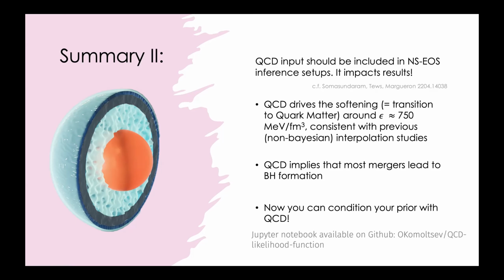Now you can condition your prior with QCD, because Oleg has made this nice Jupyter notebook publicly available on GitHub, where one can use the QCD likelihood function with ease. Okay, so that's it. Thank you for your attention.